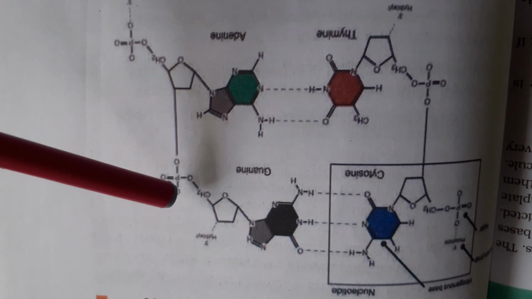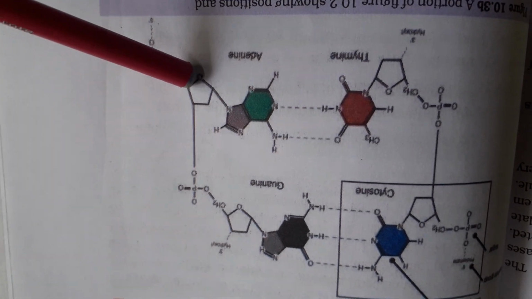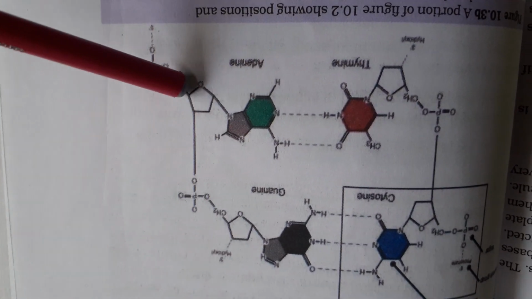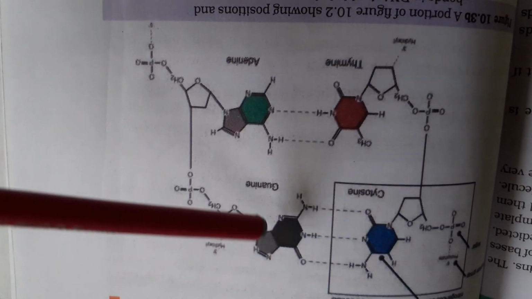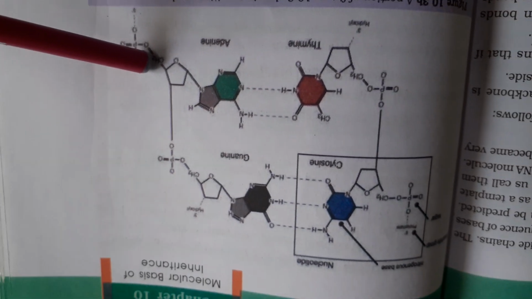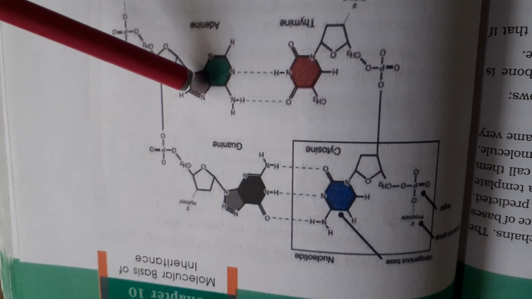Again, here you can see the 5' phosphate is attached to another sugar. So this kind of bonds between the sugars are found in the structure of the DNA. So DNA contains the phosphodiester bonds and the glycosidic bonds.